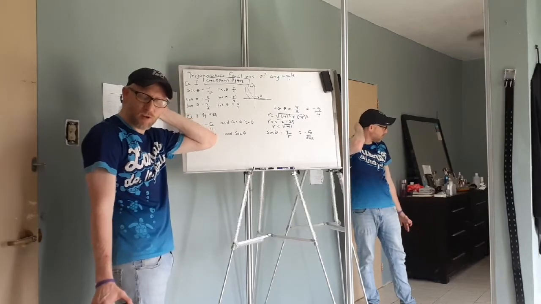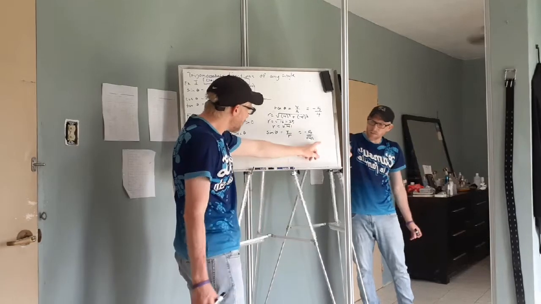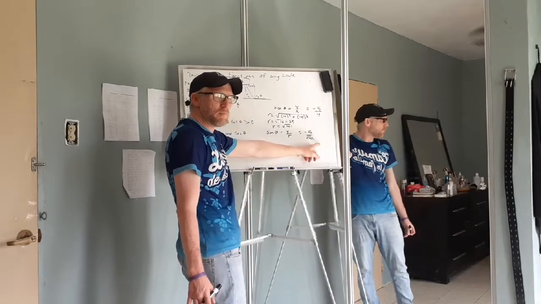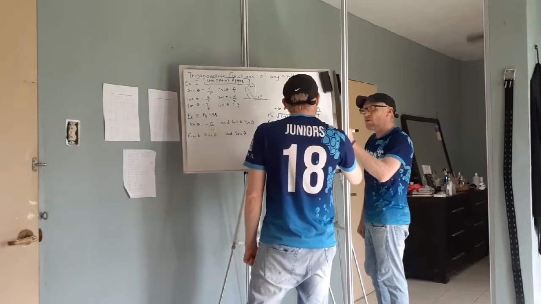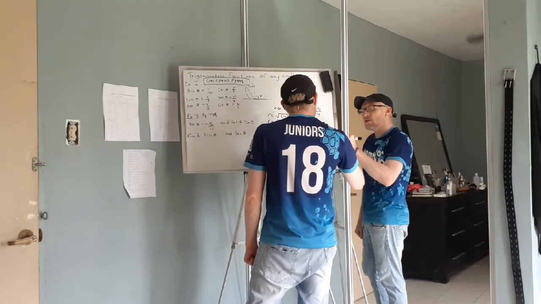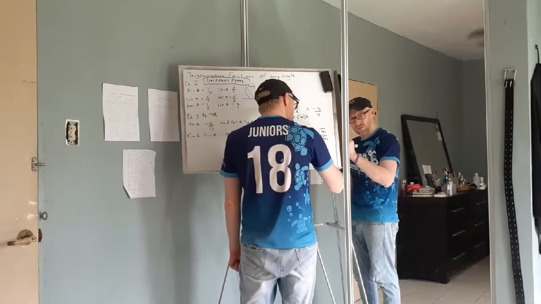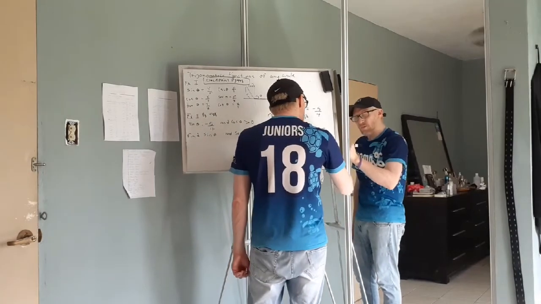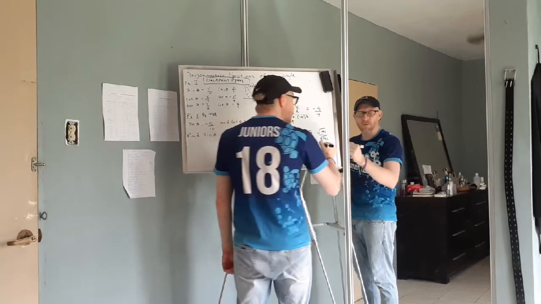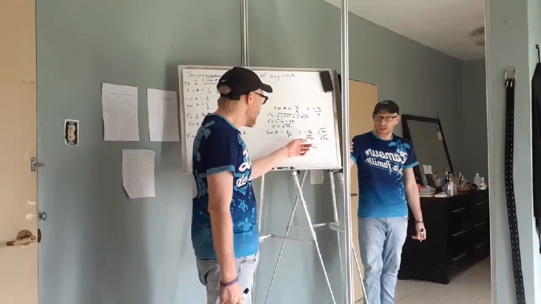But since I don't have one, that means I have to rationalize the denominator. Rationalizing the denominator means I'm going to multiply this entire fraction by the square root of 41 over the square root of 41. The denominator is basically going to be 41 because once you multiply the radicals, you get 41.